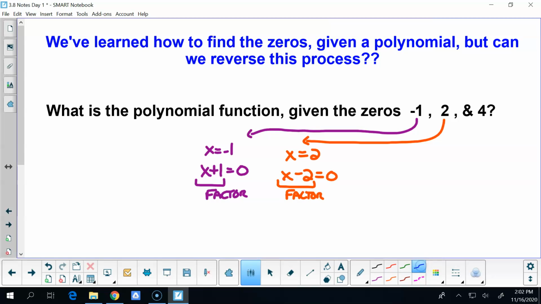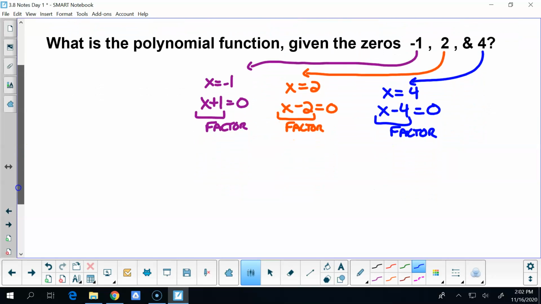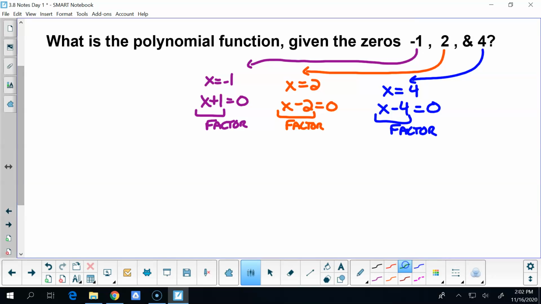Same with 4. We would have had x equals 4, and so we would have had x minus 4 equals 0. And so x minus 4 would have been my factor. The step right before that would have been the polynomial written in factored form.